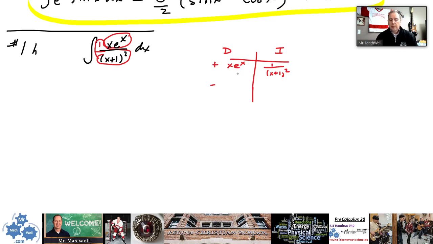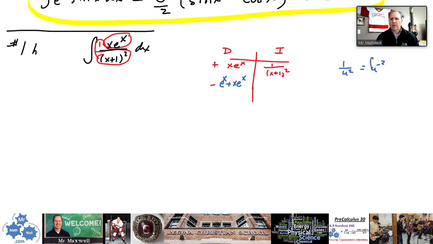So the derivative of this would be the derivative of the first times the second plus the first times the derivative of the second. So that's the derivative. The integral, it might be helpful to look at this like this, 1 over u squared, so that's u to the negative 2.